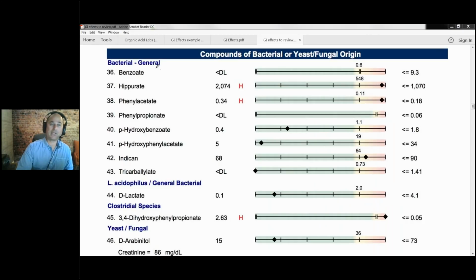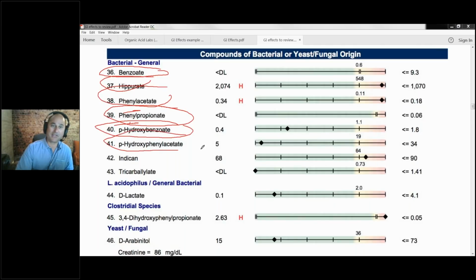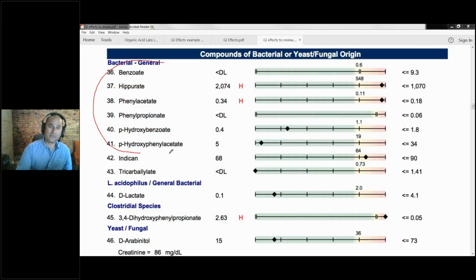Okay, so remember what we just looked at. There's our benzoate, our hippurate, our phenylacetate, phenylpropionate, parahydroxybenzoate, and parahydroxyphenylacetate. Okay, phenyl, right? Phenols. So these markers here, from 36 through 41, are looking at the effects of the good bacteria.